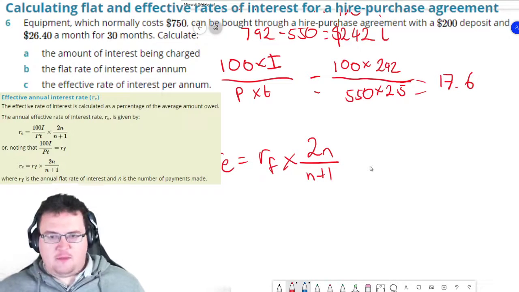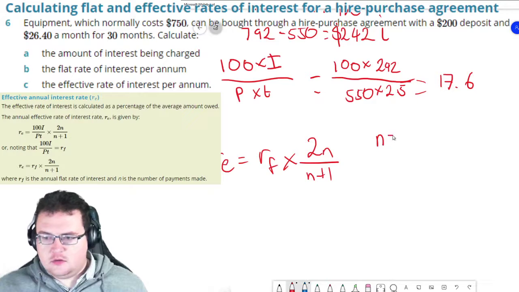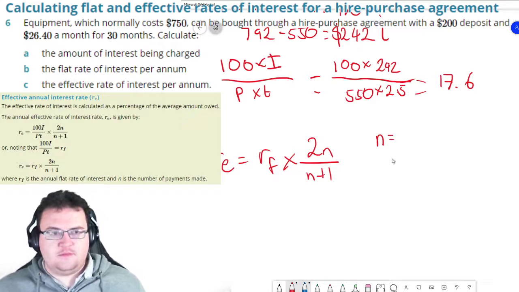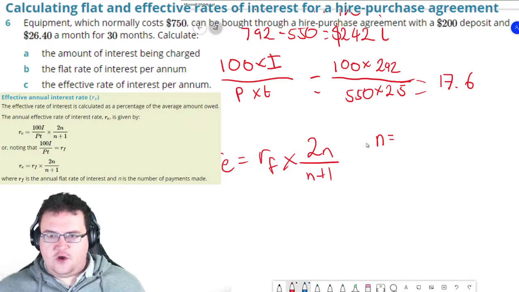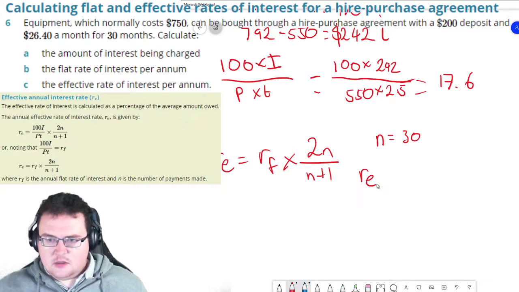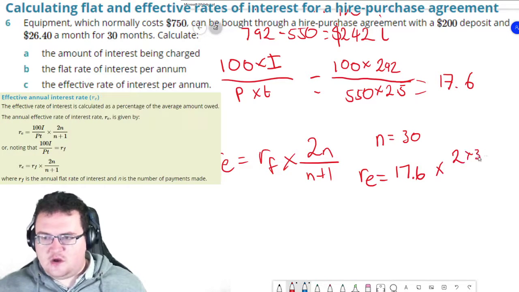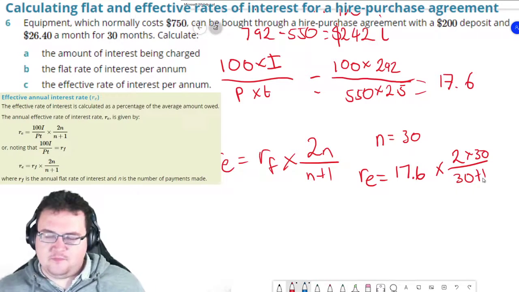How many months was it for? 30. Thank you. So that means RE is going to be equal to 17.6 times 2 times 30 divided by 30 plus 1.